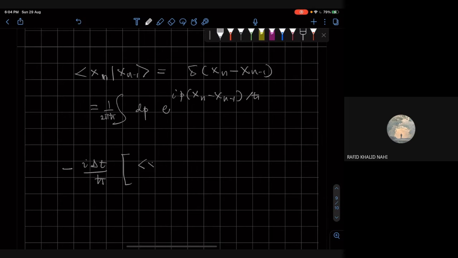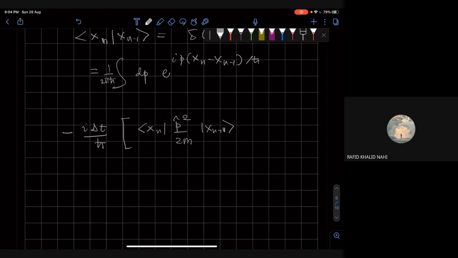And now we have the bra of x_n, and then we have the momentum squared operator divided by 2m, x_{n-1}. And then we have x_n, the potential energy term, sandwiched with the bra of x_n and the ket of x_{n-1}. Are you guys with me so far?